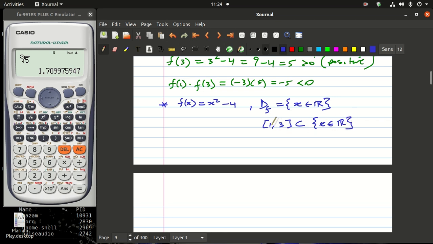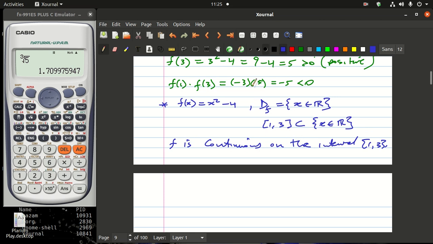This one is contained because 1 is also a real number. Any number between 1 and 2 is contained. 1 and 3 is contained inside, and 3 is also contained inside. Therefore, we can say that f is continuous on the interval 1, 3. So we know that f is continuous on this interval.